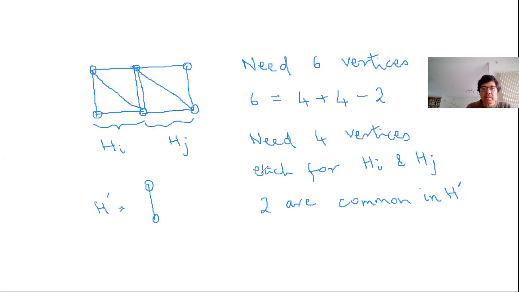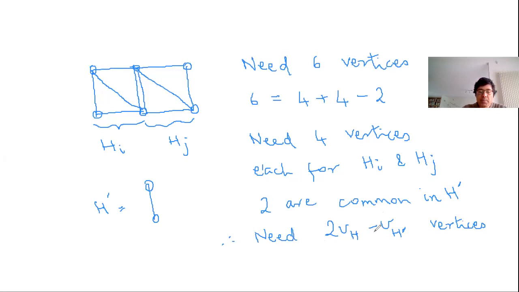We are only concerned about vertices. Therefore we need 2 VH minus VH prime vertices to see this pattern. And that happens to be 6 for this example. So we need this many vertices, and the number of ways of choosing this many vertices is n choose this, so n choose 6 in this example.